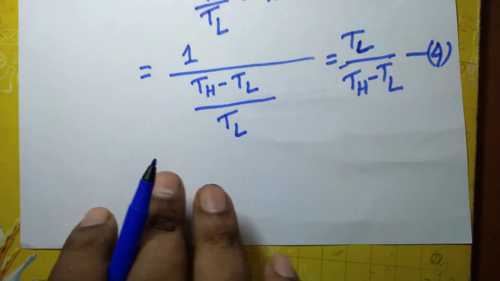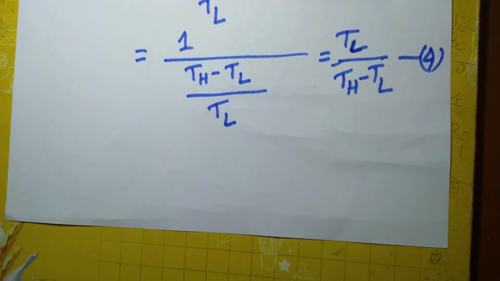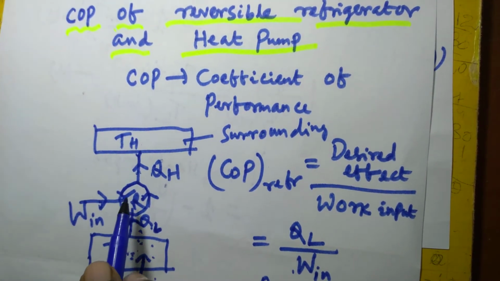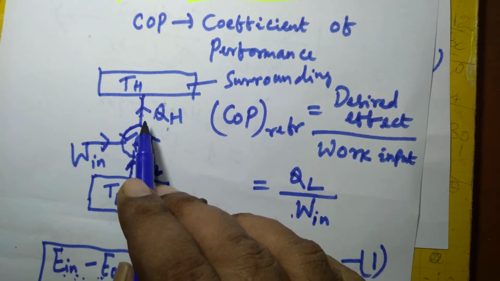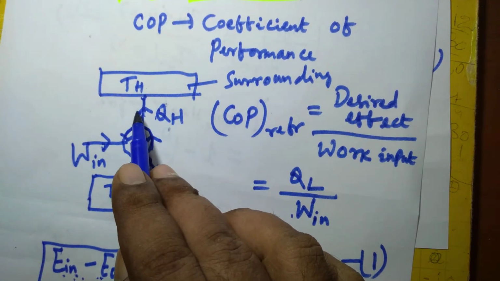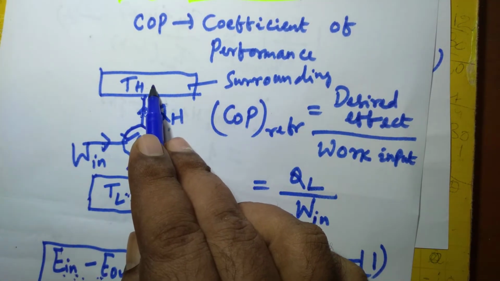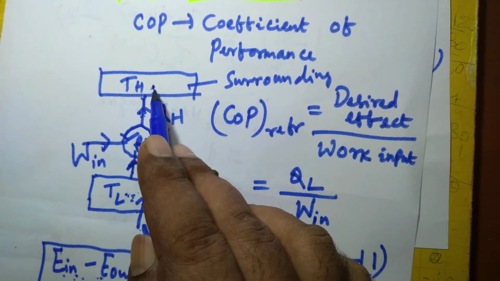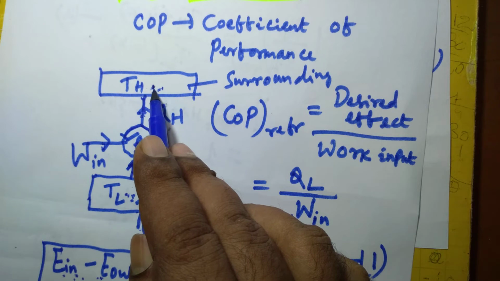So how to calculate the COP of a heat pump? If this same device is used as a heat pump, the desired effect is the heat supplied to the space at higher temperature, because we want to maintain heat. In winter we use a heat pump.